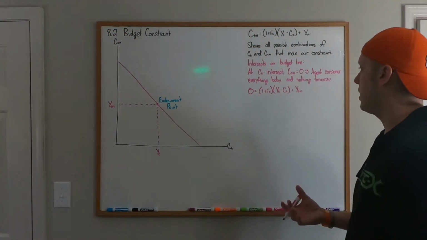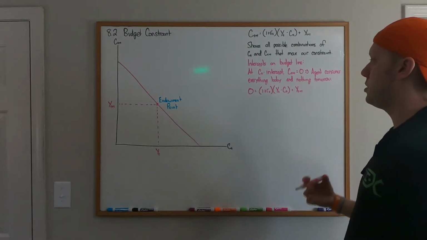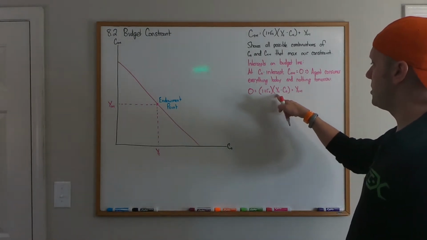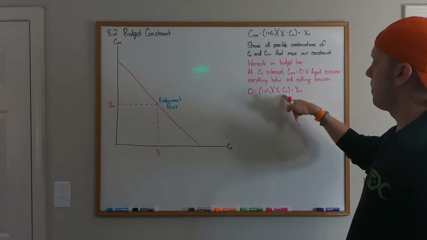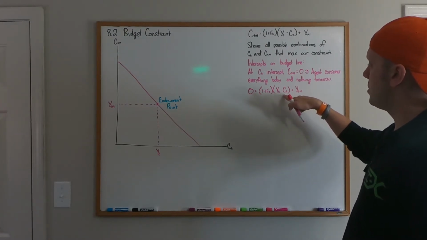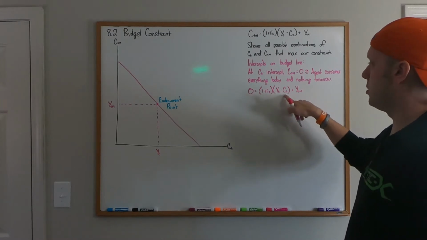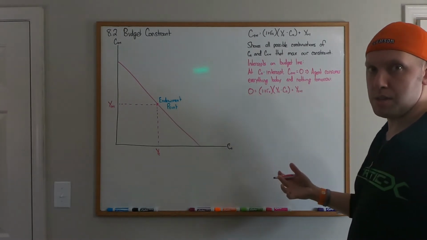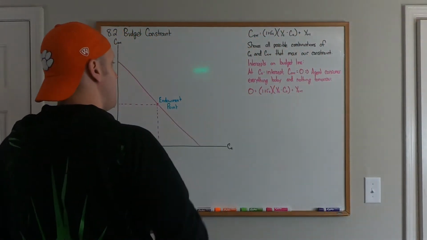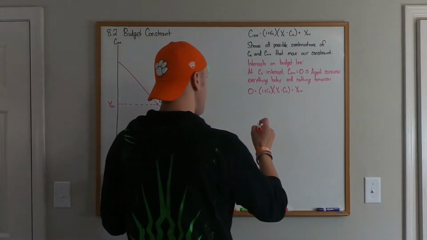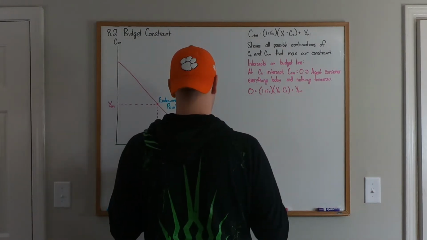It was savings, right? Whatever you don't consume, you save. So of your income today, if you subtract what you consume from what you make, that's what you save that gets put forward tomorrow. In this case, we actually have negative savings. But let's go ahead and solve this thing out.